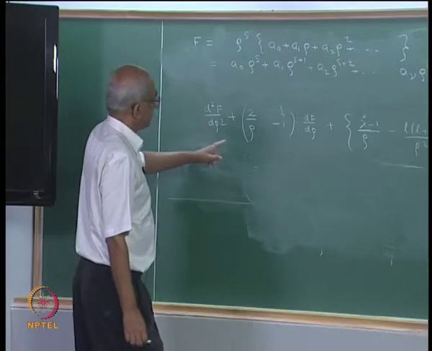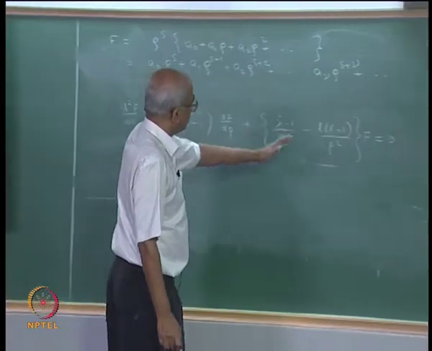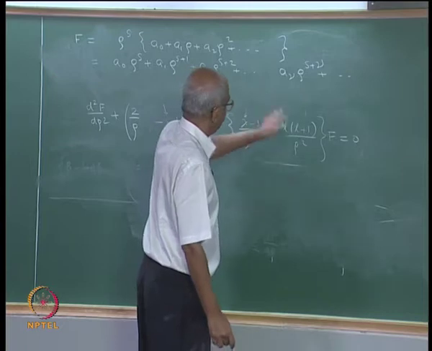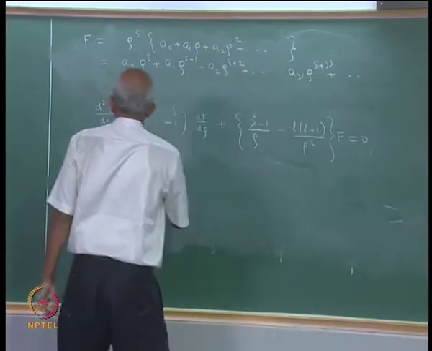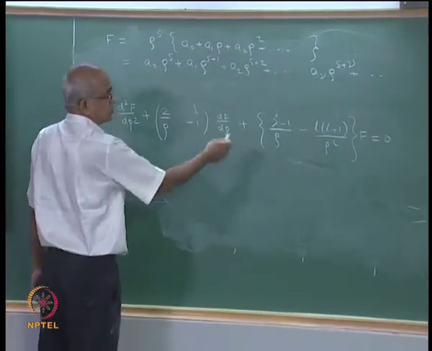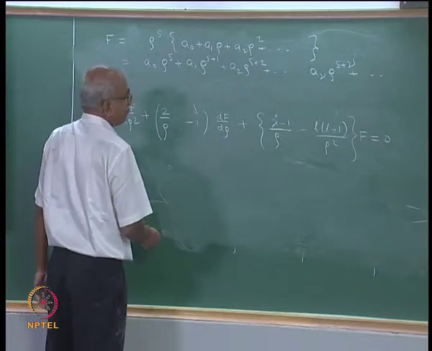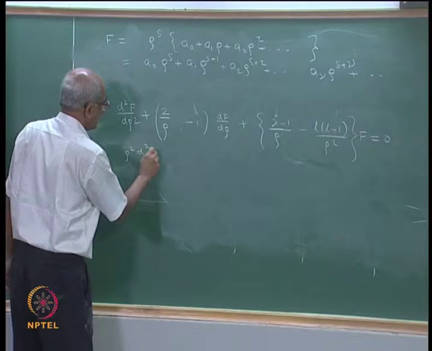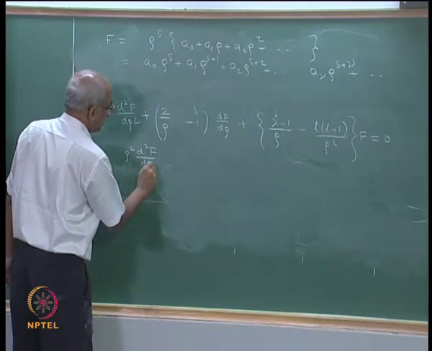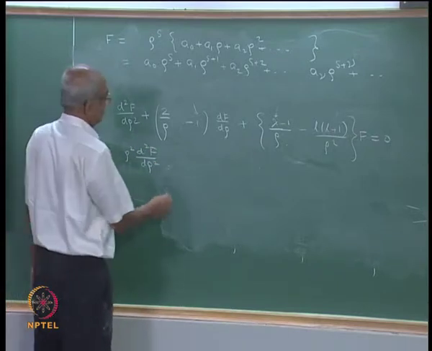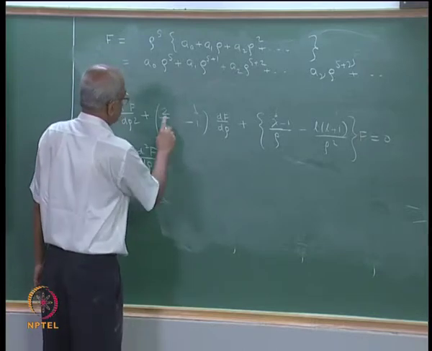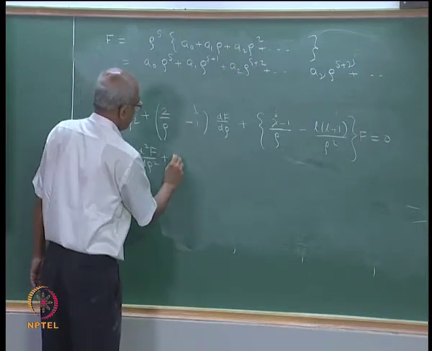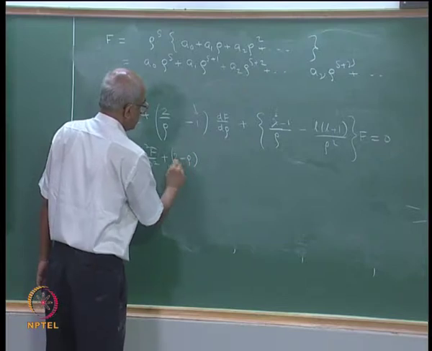And this differential equation itself, what I will do is I will multiply throughout by rho square, so that I do not have any division by rho. And if I multiply throughout by rho square, what will be the result? I will get rho square d square f by d rho square plus, if you multiply this, the answer is going to be 2 minus rho into rho.